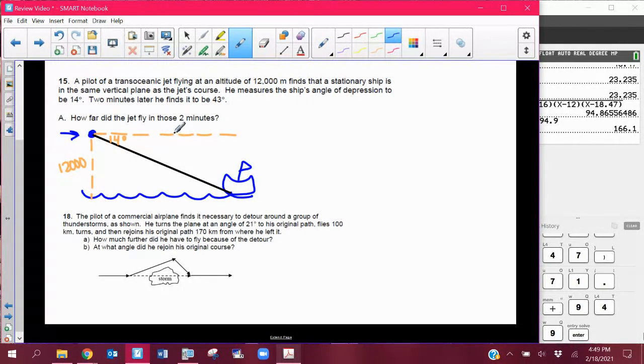We're going to call this 2 minutes, he finds that the angle of depression has changed, and again it's still measured with this horizontal line. And this will be 43 degrees. Okay. And I want to know, how far did he go? So what is this distance in between these 2 points?